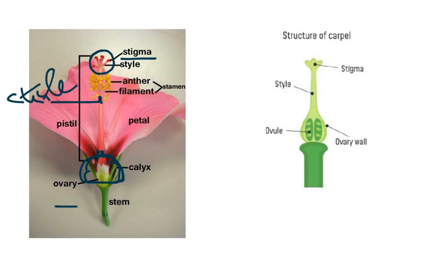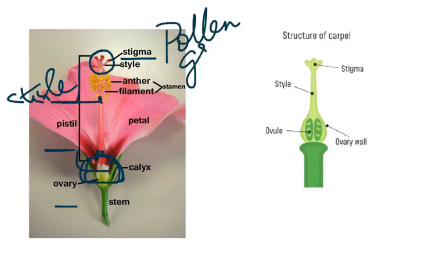These 3 parts together make the female part of a flower, which is called pistil. Do you know why the stigma is sticky? Yes, the function of stigma is to receive pollen grains. So the pollen grains are received by the stigma. That is why the stigma is sticky.